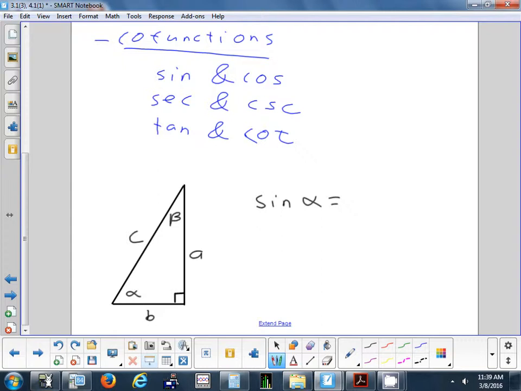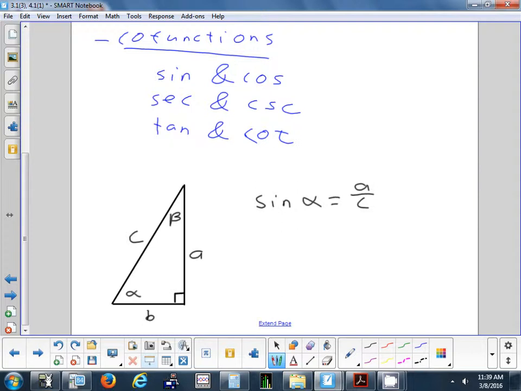Sine is opposite over hypotenuse. So Steve, what would the sine of alpha be here? What's opposite alpha? A over B. Perfect. A over, what's the hypotenuse? C. Any question on that? What's the sine of alpha?